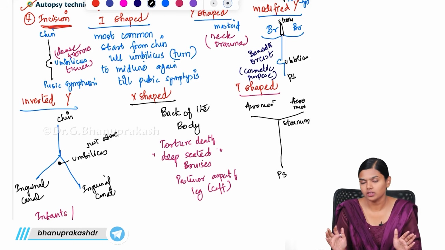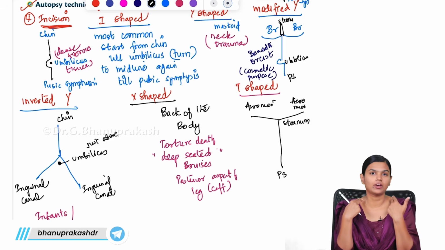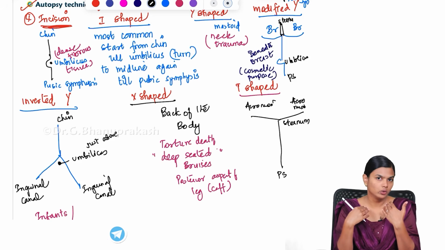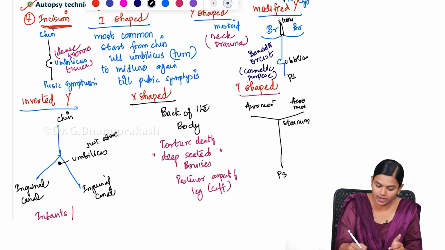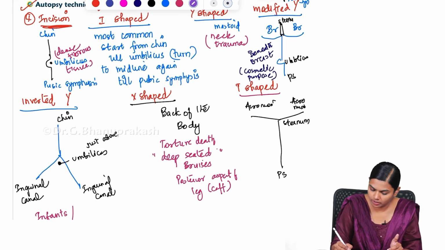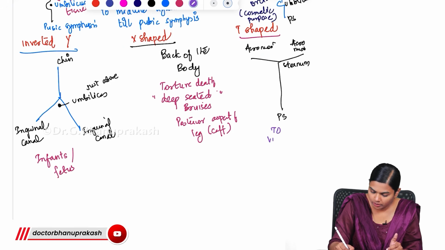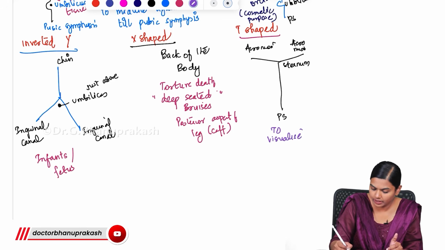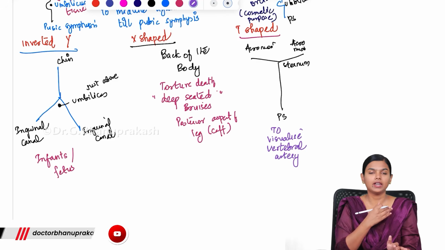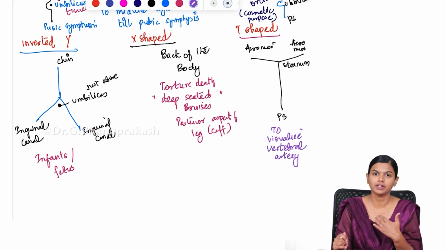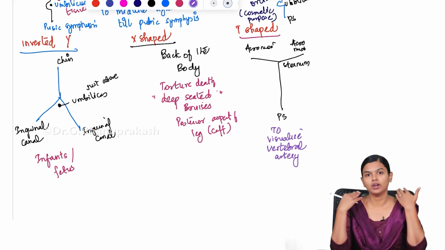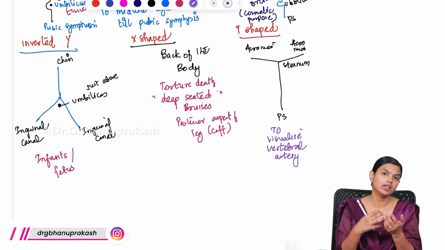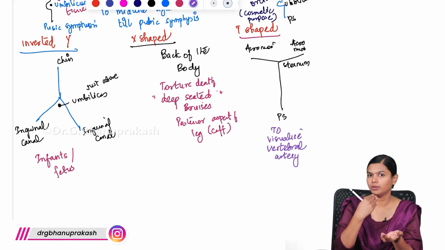So in this case, we will start from the acromion process. Why we are doing this is that if we want to visualize the vertebral arteries, or if there is any severe neck trauma like any cutthroat injury, you want to preserve the whole neck structure. If you want to see any pathology, you don't have to make an incision over it.